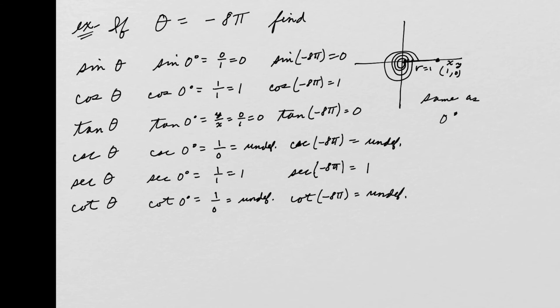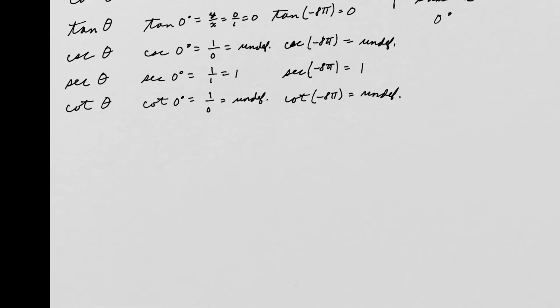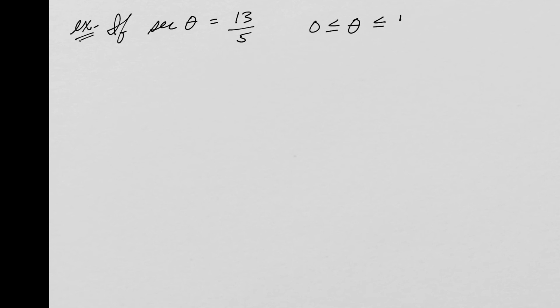Okay, well, how about this? Let's say you're told that secant of theta is equal to 13 over 5, and we know theta is greater than or equal to 0 and less than or equal to pi over 2.